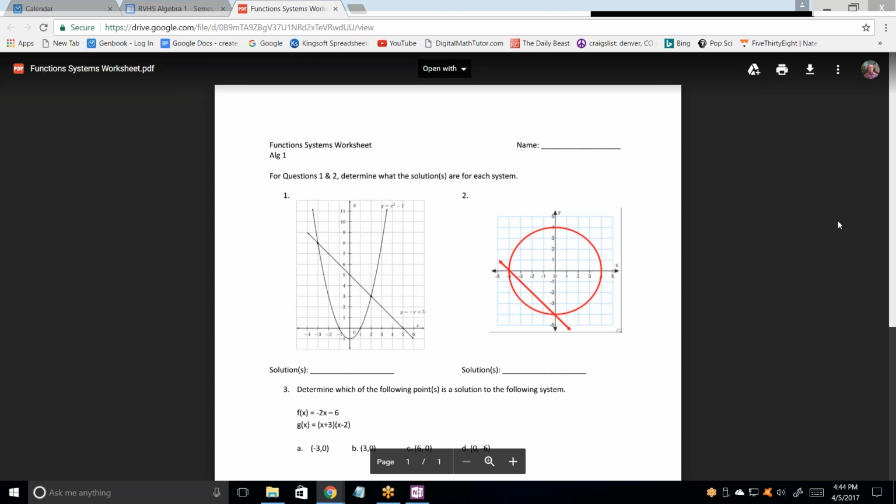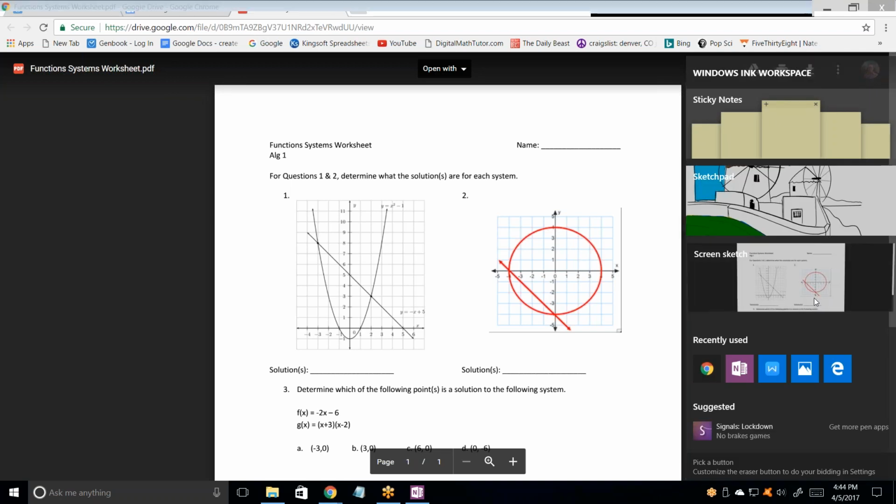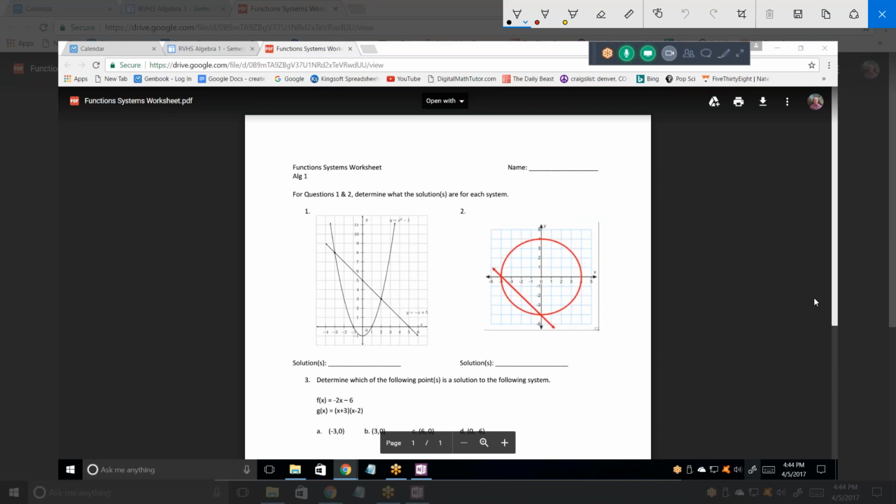Okay. So let's talk about, in fact, let me use my new toy here. This is cool. I just discovered this the other day that I could do this. On number 1, the solutions for each system are going to be that intersection point and that intersection point, right? Yeah. In other words, wherever they cross, doesn't matter how many times they cross.